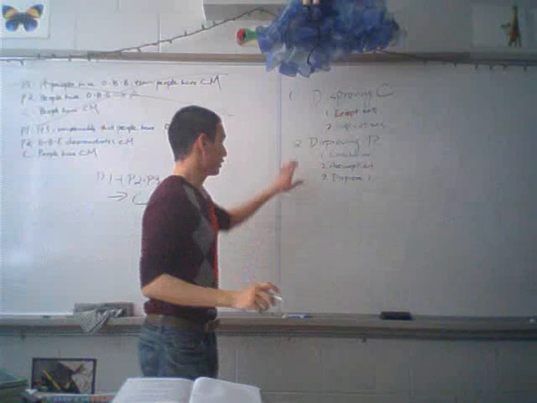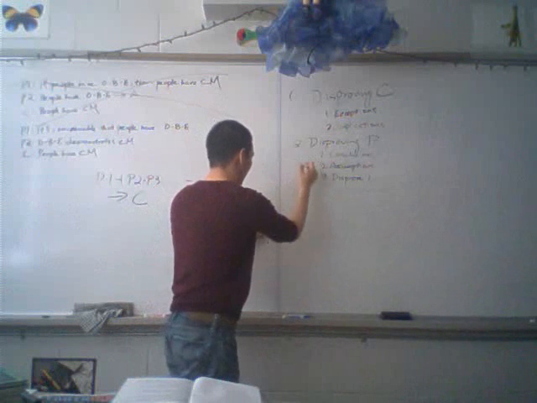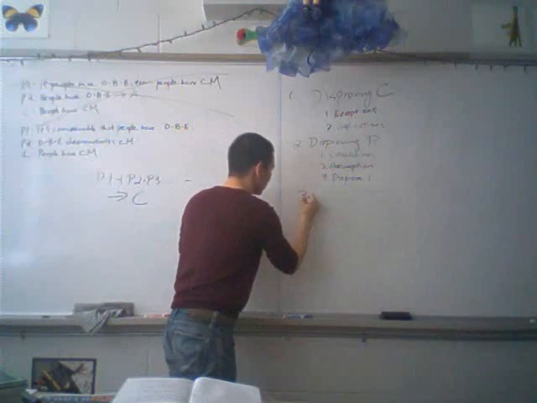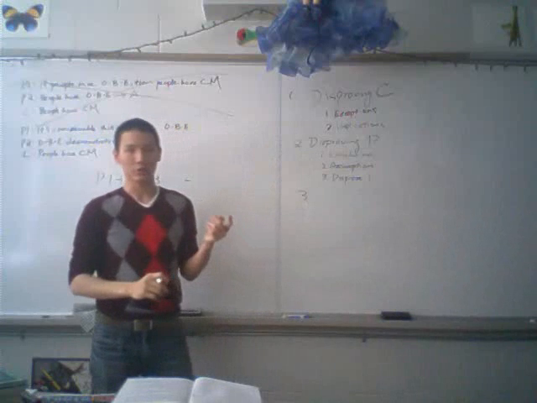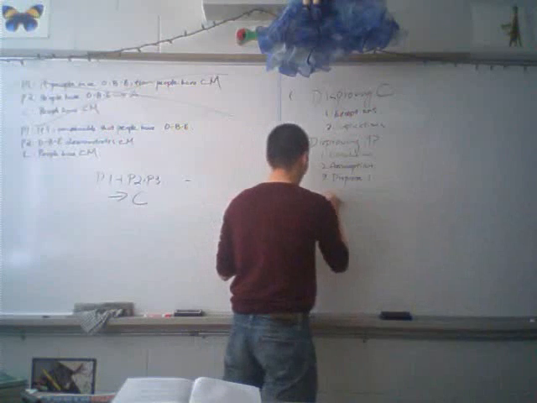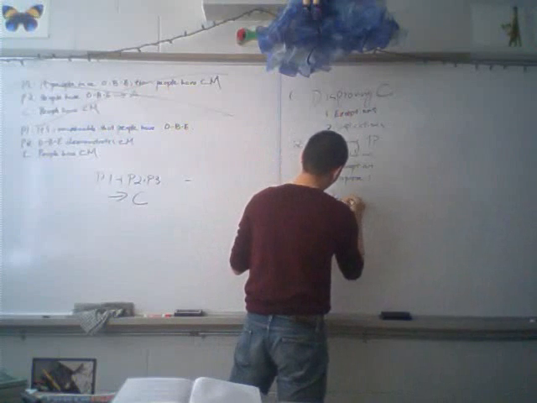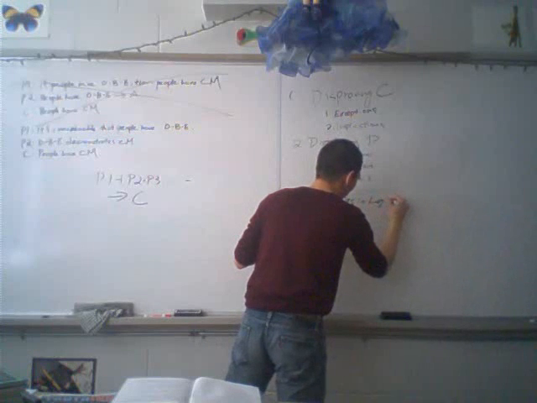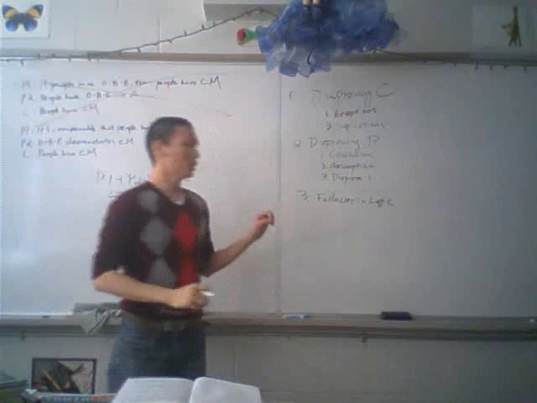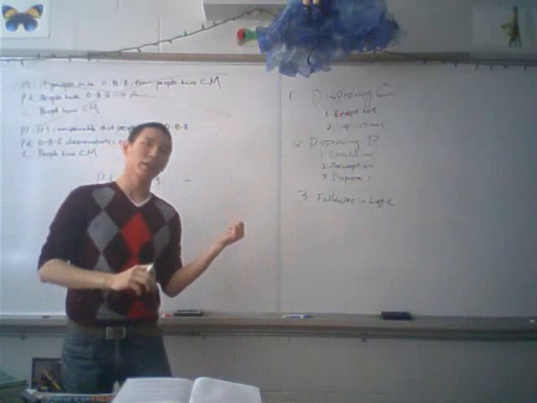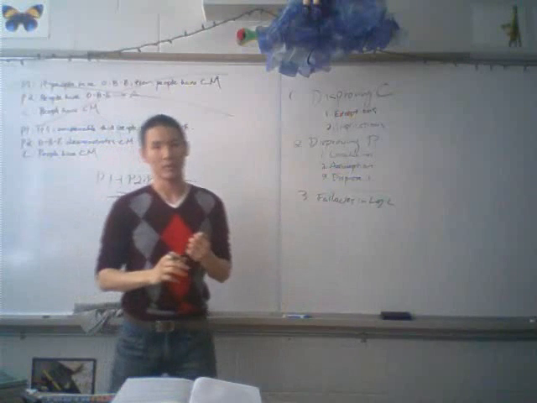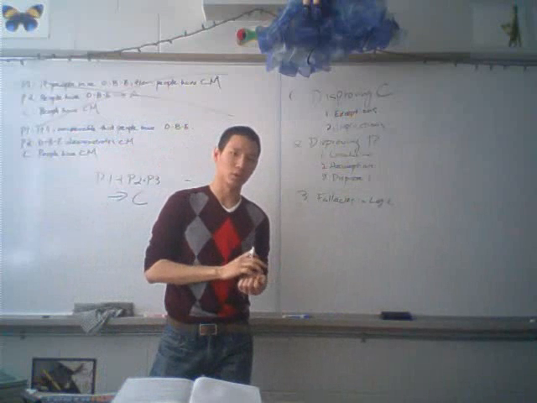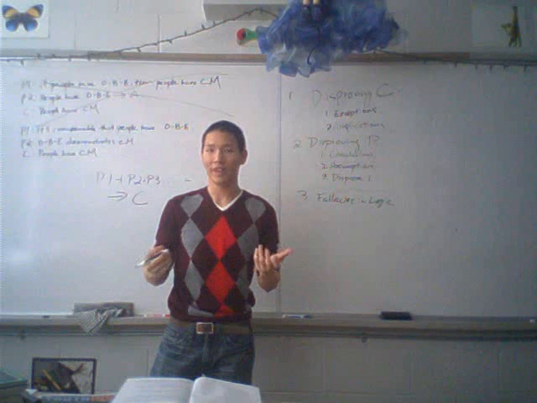So now that we're done with the premises, the third strategy is for you to just point out fallacies in logic. This, in a way, is the easiest thing to identify, but in other ways, it's actually the hardest. Because, again, they're philosophers.